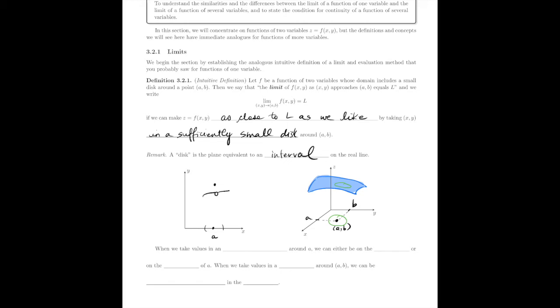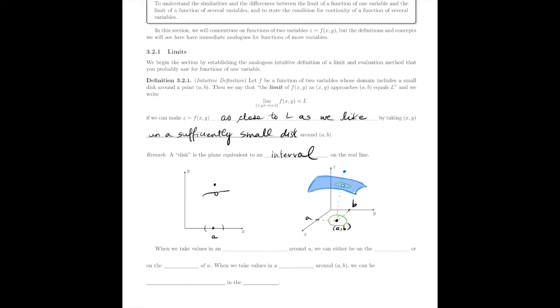So in particular, what happens directly at the point AB is not important. The function may or may not be defined at that given point, but what happens close to that point is what the limit is investigating.